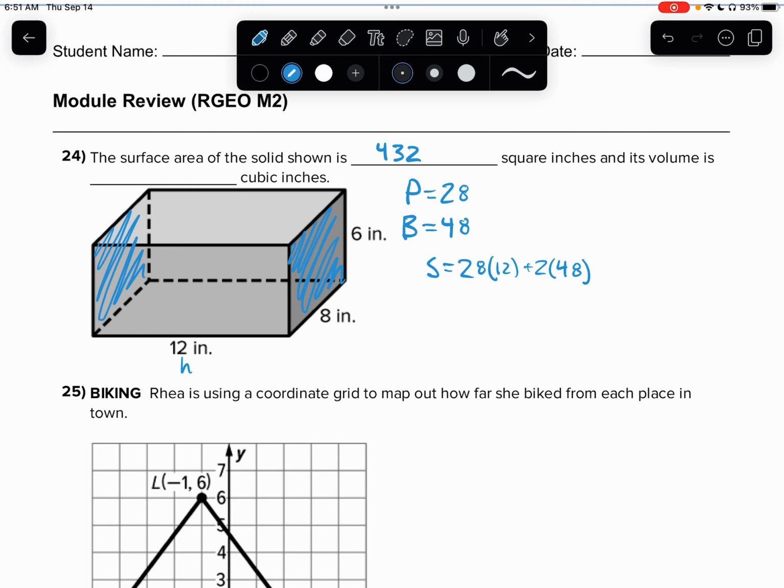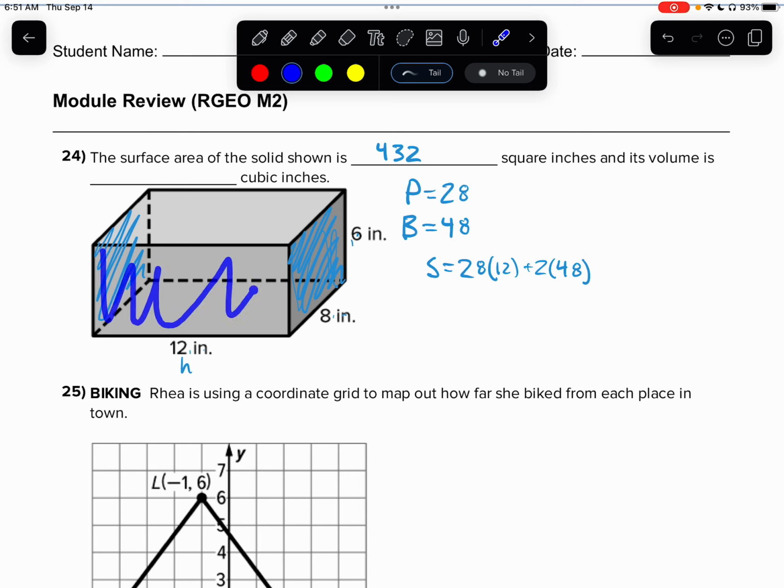Another way you could do surface area is just do 6 times 8, and then 8 times 12, and then 12 times 6, and then do whatever that is times 2, because this one and this one are the same, and 6 times 8 is 48.